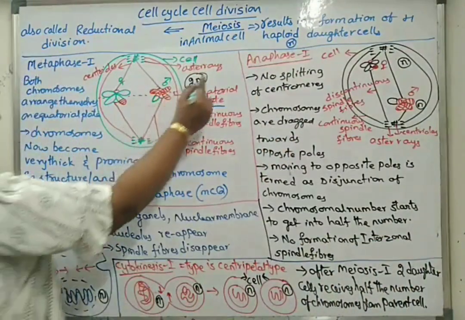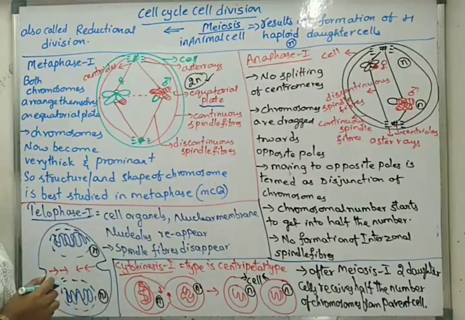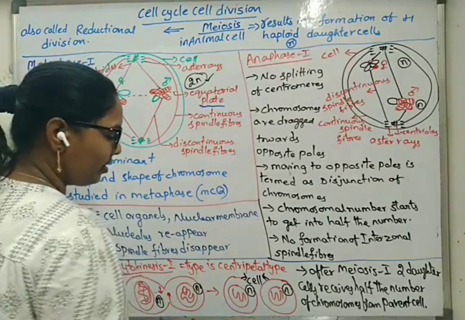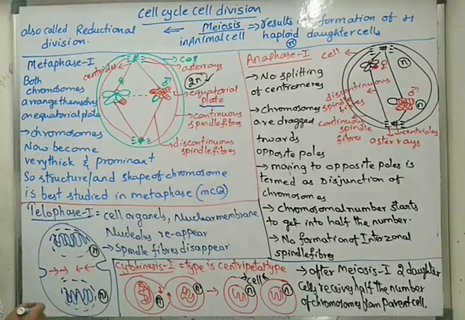In parent cell, there will be diploid number of chromosomes, but after cytokinesis 1, there will be haploid number of chromosomes. So this is up to cytokinesis 1.